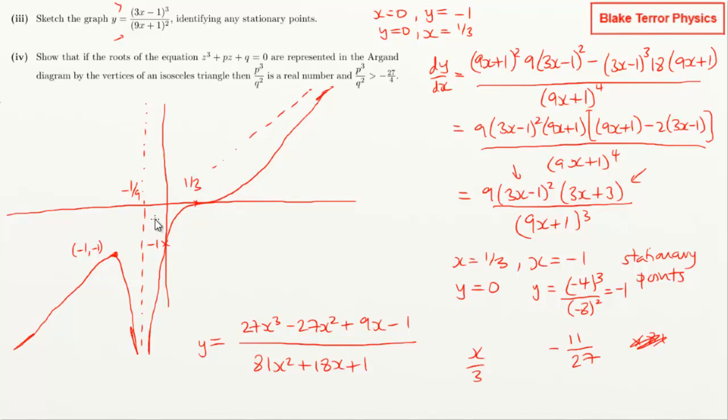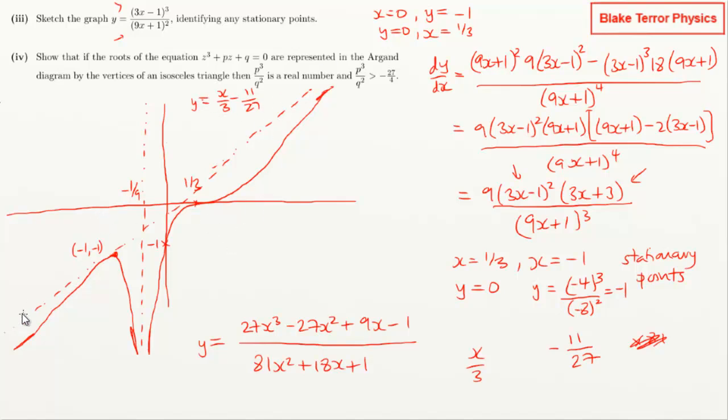Oh dearie me. Right, yeah, so this is really hard to put in. But that's what we're getting for this line that's going through here, this dotted line. I'm not sure it was worth putting that in actually. But that dotted line is x over 3 minus 11 over 27. That's what it's tending to along those lines.